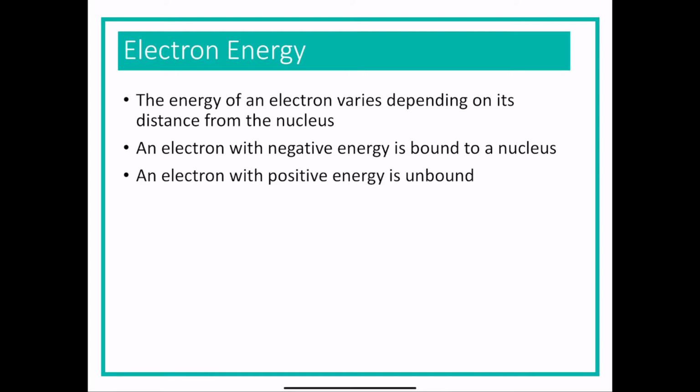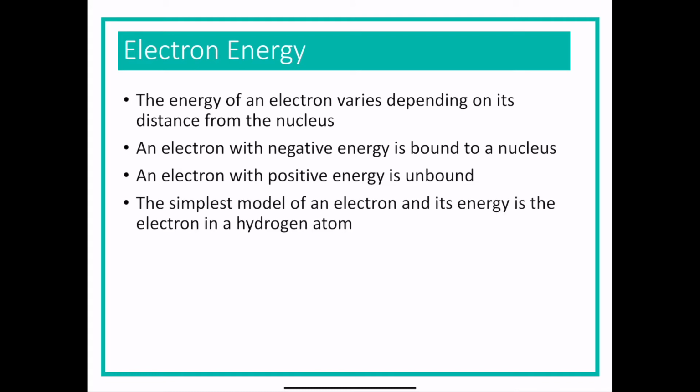If you have an electron with positive energy, that means it's free. It's got kinetic energy and it's moving somewhere. That's the positive energy. The simplest model we can use of an electron is the electron around hydrogen, because there's only one. And electrons can exist in hydrogen at different energy levels, but there's only one of them, so that makes it just a little bit simpler.